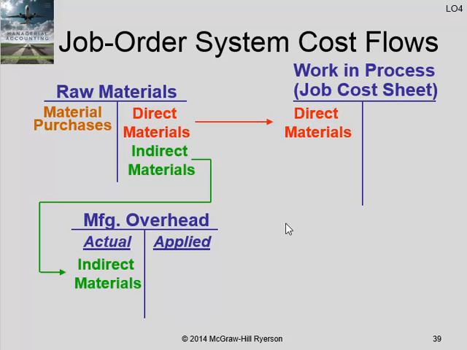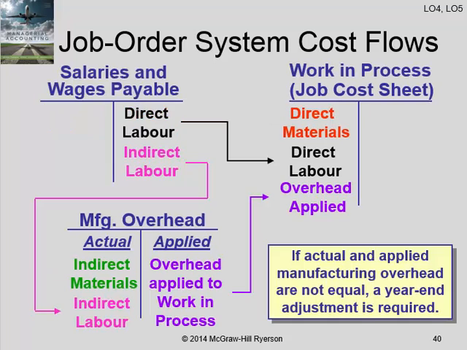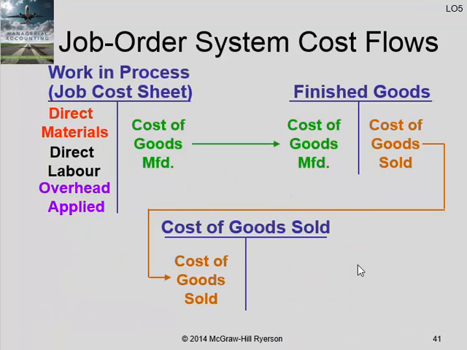And then the manufacturing overhead account, the actual costs going in on one side, and the overhead being allocated or applied coming out the other side, and again going to the job cost, the work in process piece itself. And as the slide here indicates, if the actual and allocated overhead are not the same, then you will need to do an adjustment at the end of the year, and we'll get to that in a second.